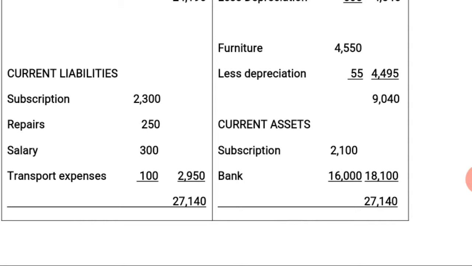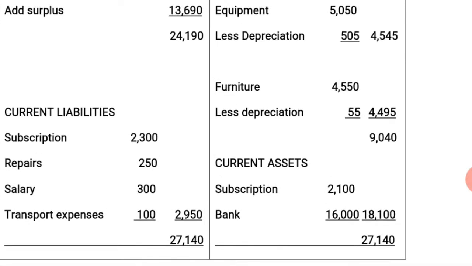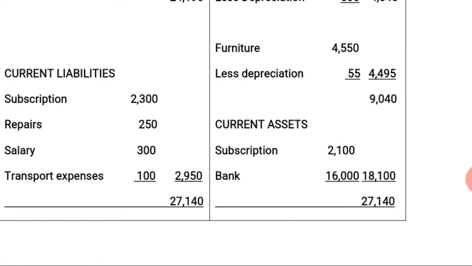Then you less your depreciation as stated in additional information number 2 in our question. So less 55 naira from 4,550 naira, you arrive at the net book value for the furniture, which stood at 4,495 naira. So 4,495 naira of the furniture to that of equipment, which stood at 4,545 naira, we have the total fixed asset of 9,040 naira.